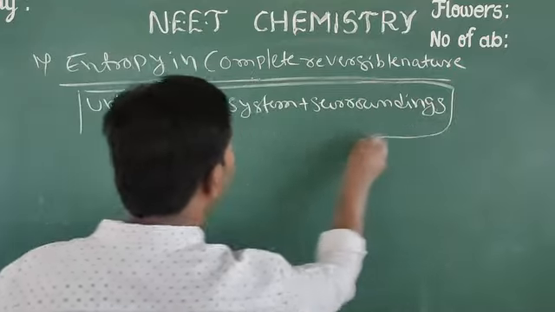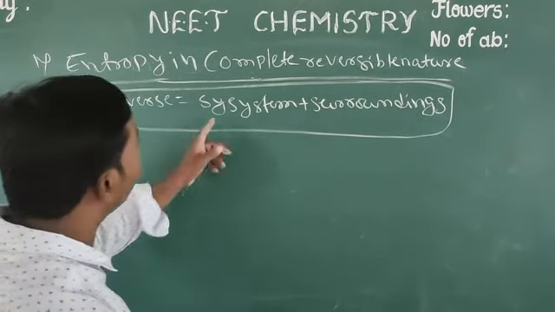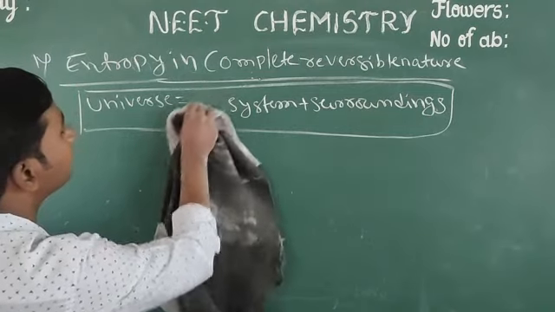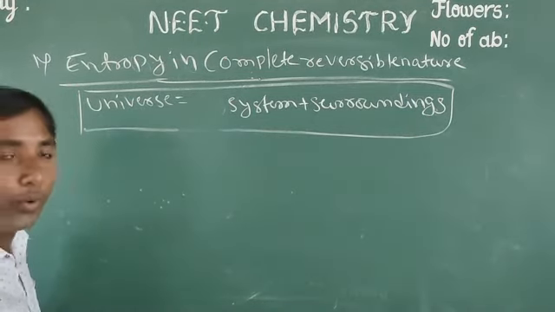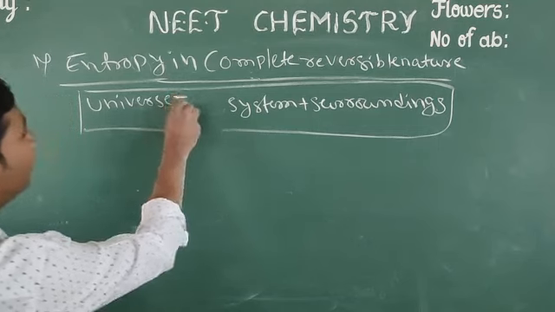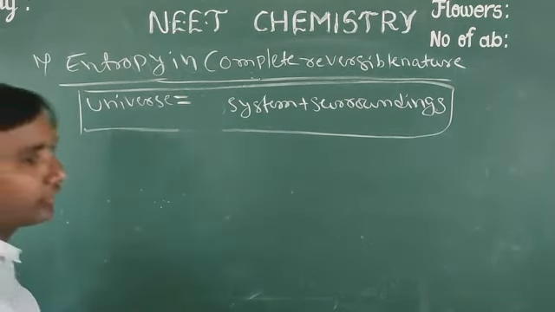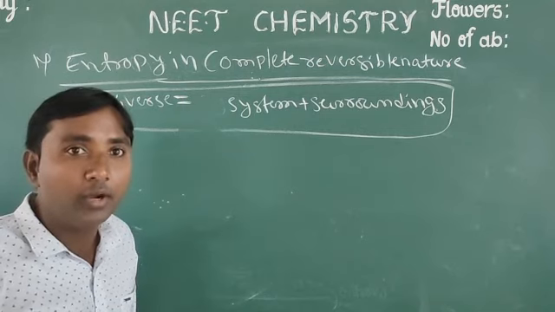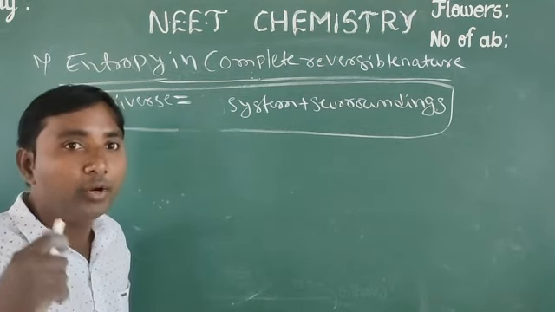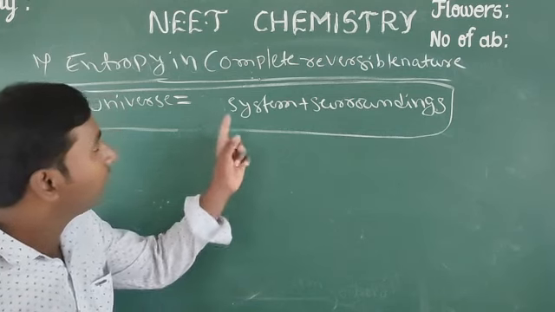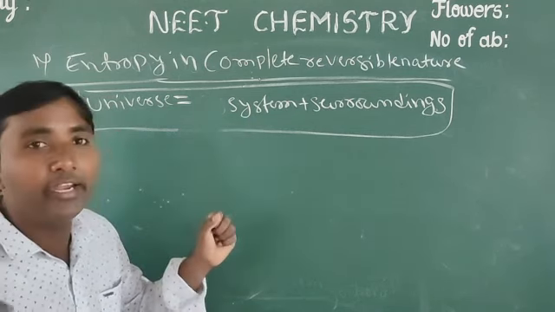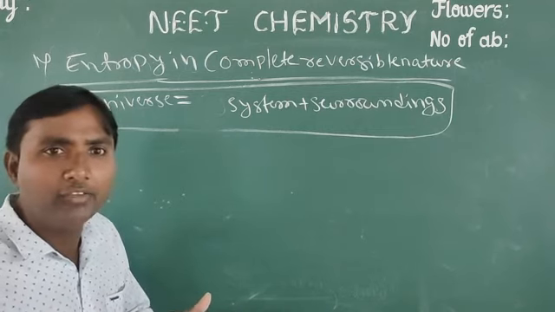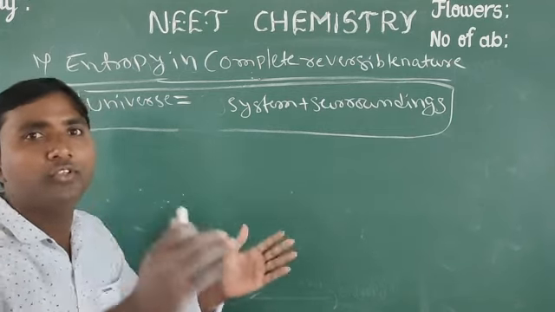Universe equals system plus surrounding. For the system, the heat energy is absorbed by the system. Heat energy supplied from system to surrounding is one way, and heat energy supplied from surrounding to system is another way.